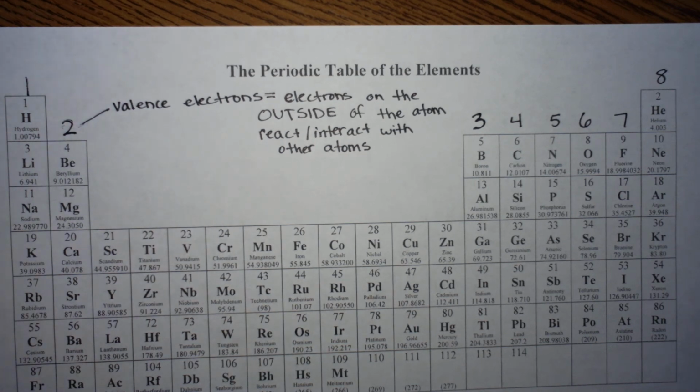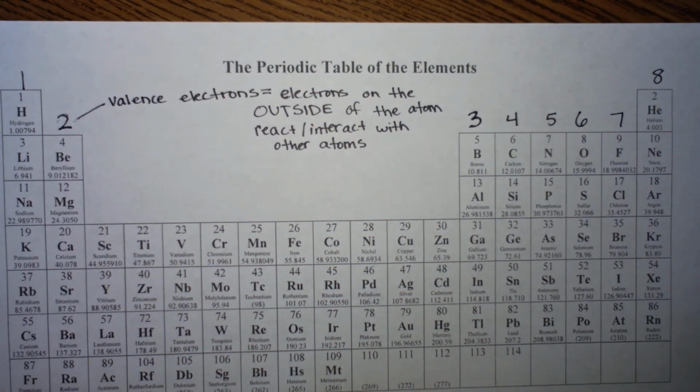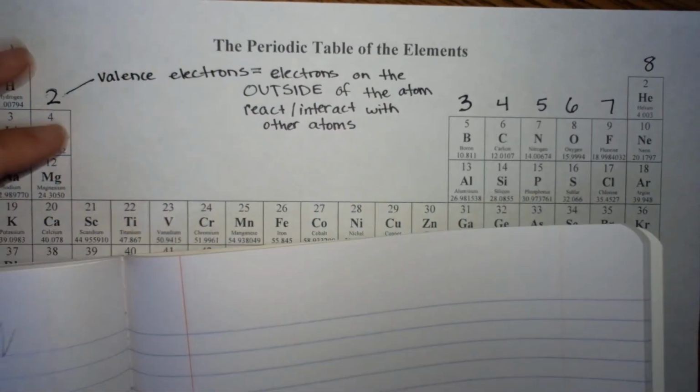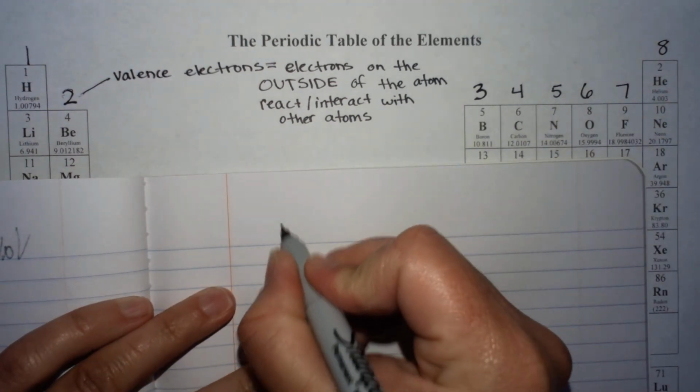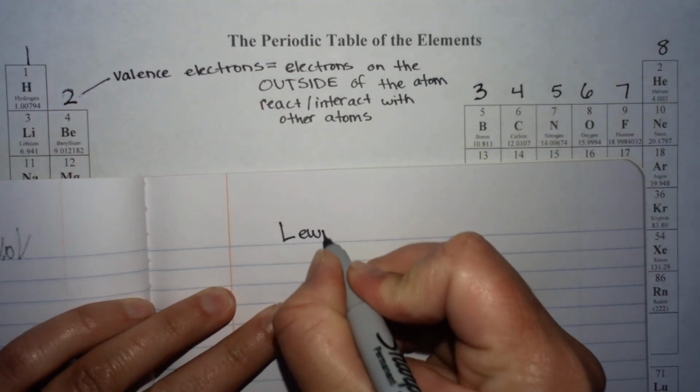So we are just going to focus on Lewis structures, and that's what you saw the short video on. So I'm going to go ahead and use both my periodic table and my notebook. At this point, I'm going to title this page Lewis Structures.